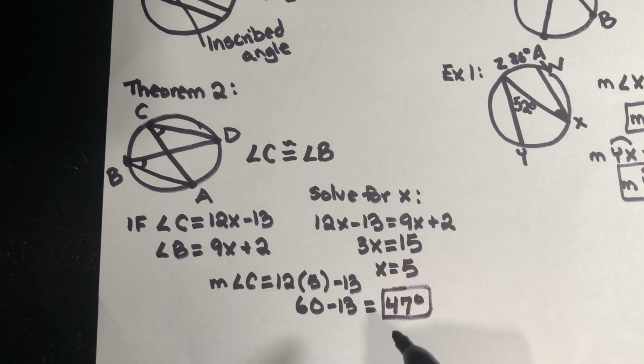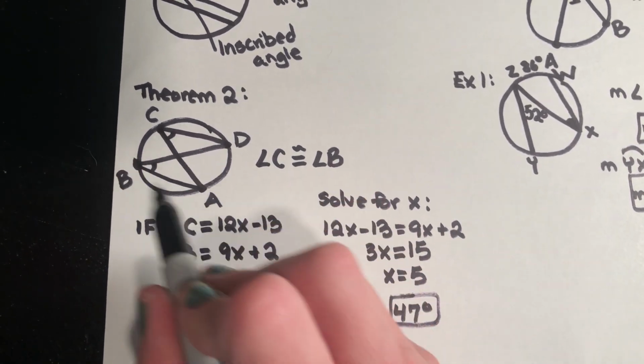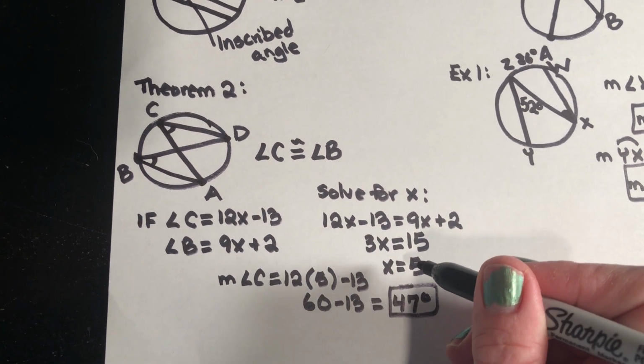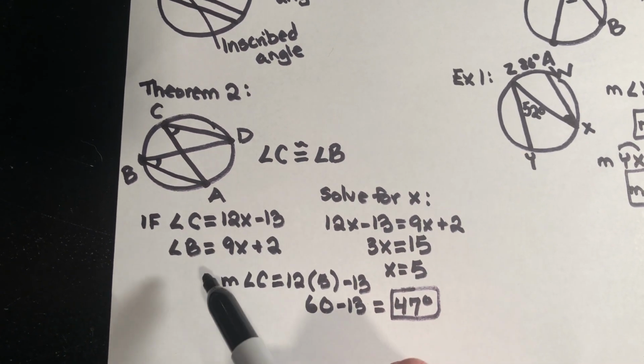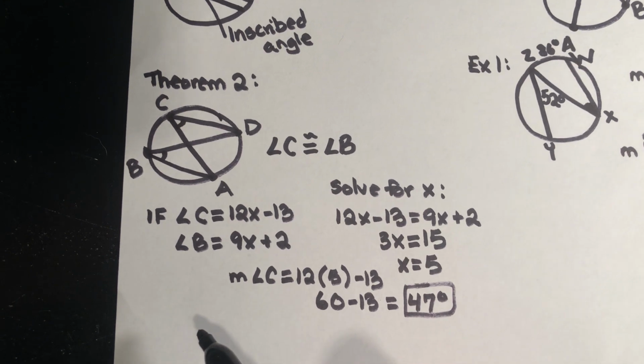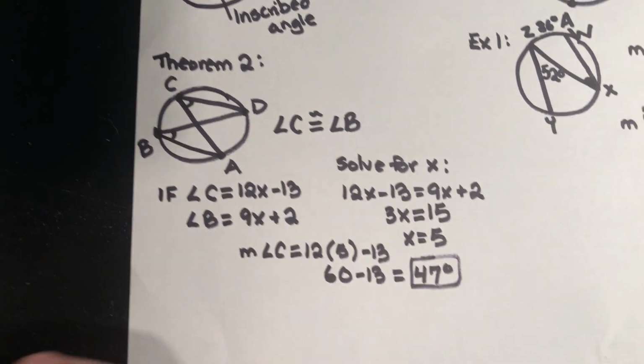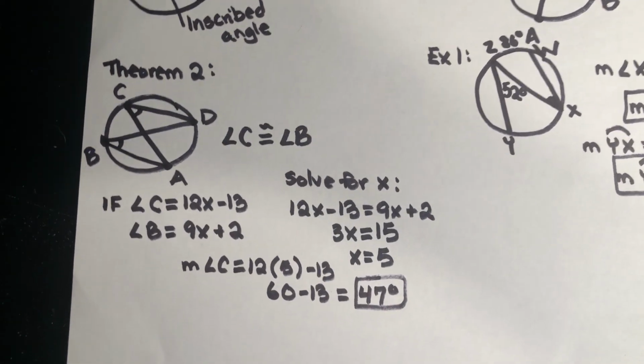So you're able to find out many things about the angles in this circle just from knowing that angle C and angle B are congruent to each other. That is theorem 2.